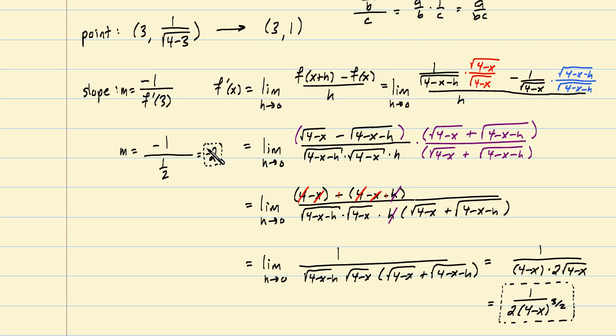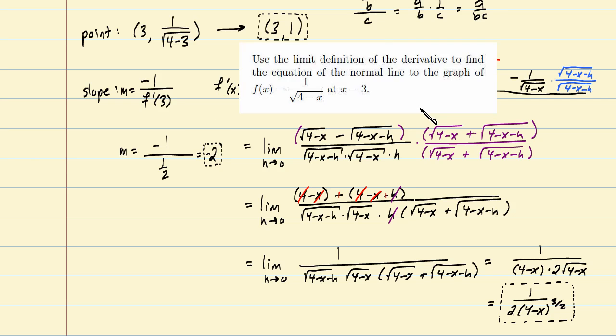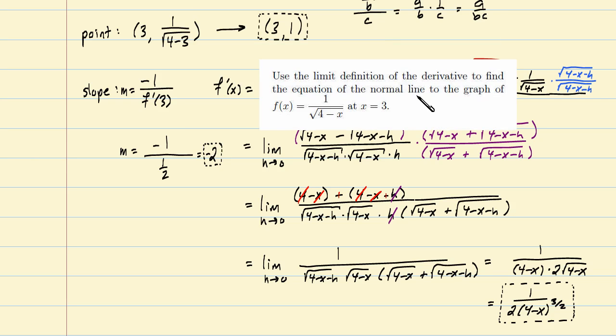However, notice that's not our final answer either. We needed the slope and a point that we could put together to find the equation of the normal line.